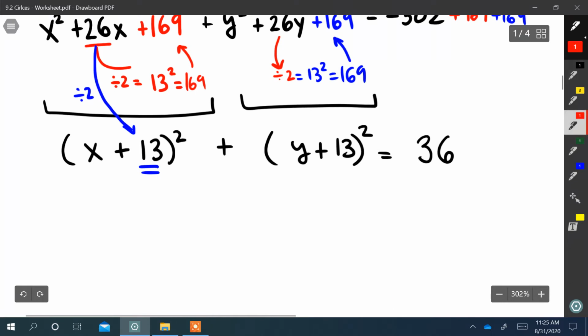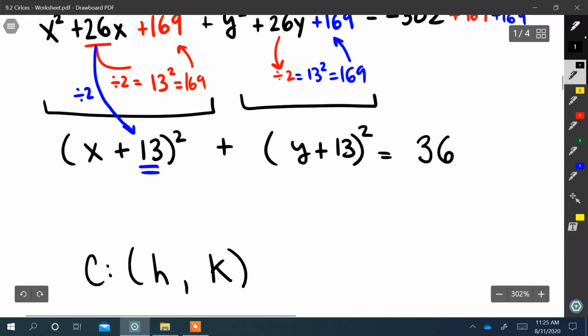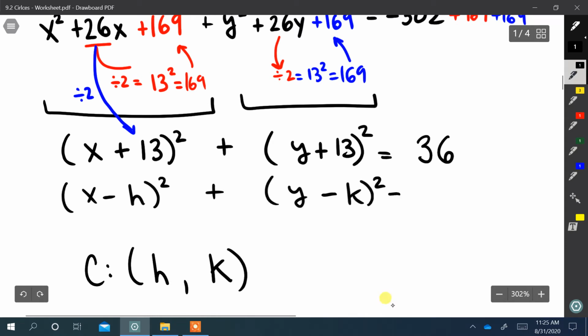Now, what is my center? Remember, the center is (h, k). But if you put 13 as h, that would be wrong because the formula is (x minus h) squared plus (y minus k) squared is equal to r squared.